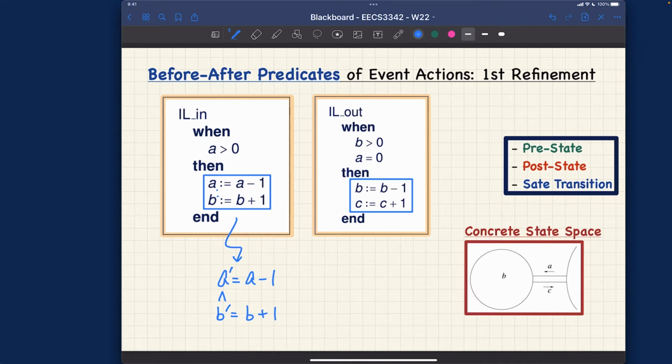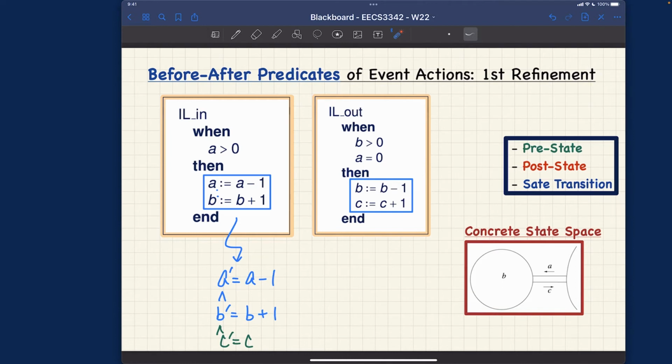However, for your before-after predicate to be complete, you must also address those variables that are not mentioned. In that case, A and B are mentioned but not C. That means C is going to maintain its value between the pre and post states. So I'm going to say, and C prime is equal to C. It's not mentioned. And hopefully you got it right. If you only got these two predicates, this conjunction over here as before-after predicate, it's not exactly right.